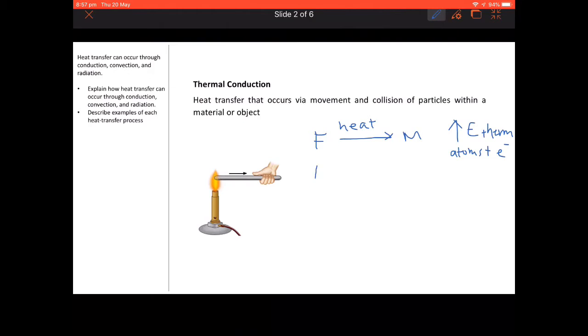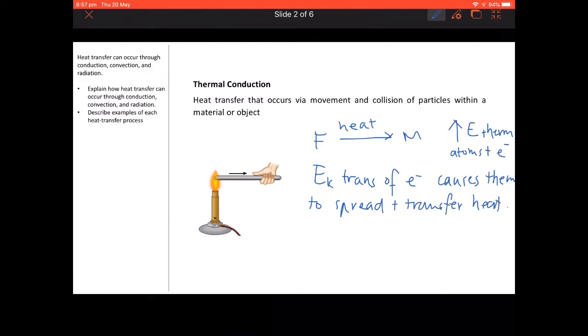So EK and then trans of electrons, delocalized electrons, causes them to spread and transfer heat. Take notes on your handout as you're watching this. And this transfer occurs throughout the metal bar.